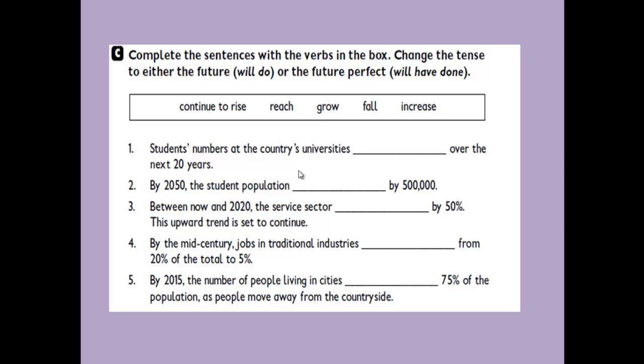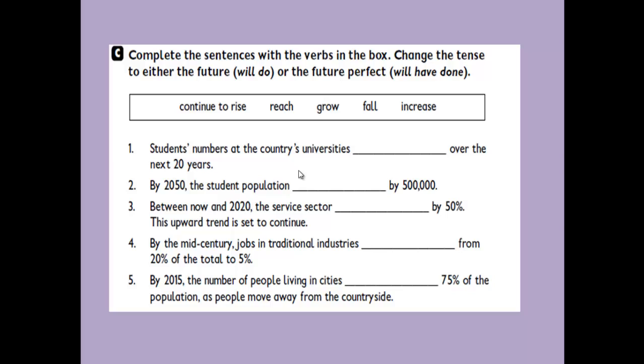Now let's do practice number C. Complete the sentences with the verbs in the books, changing the tense to either the future will do or the future perfect will have done.